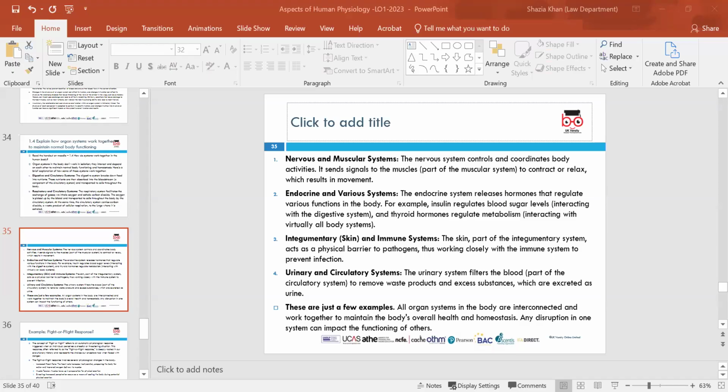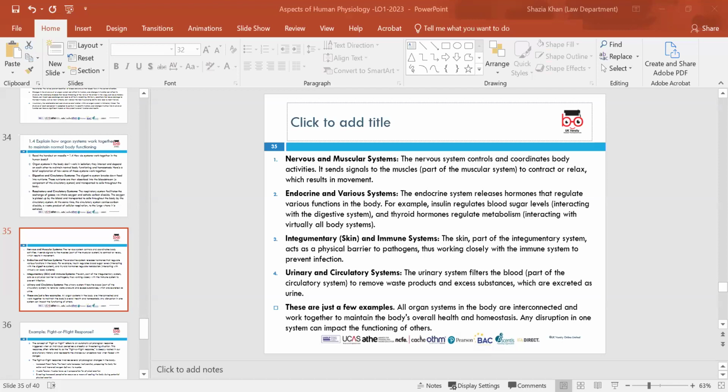Then we have the urinary and circulatory system. The circulatory and urinary system interact closely in the body. The circulatory system transports blood throughout the body, delivering oxygen and nutrients to cells and carrying out waste products.